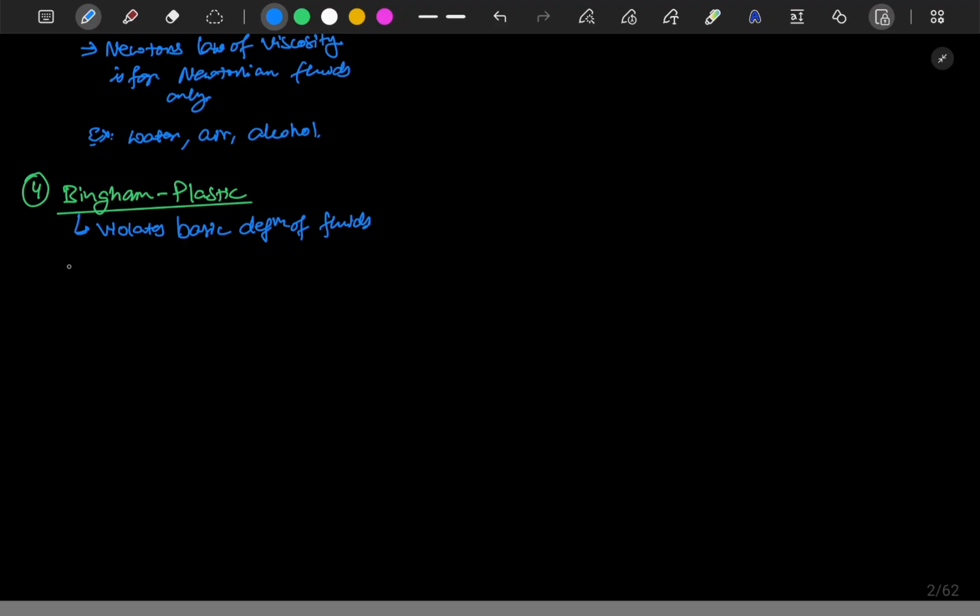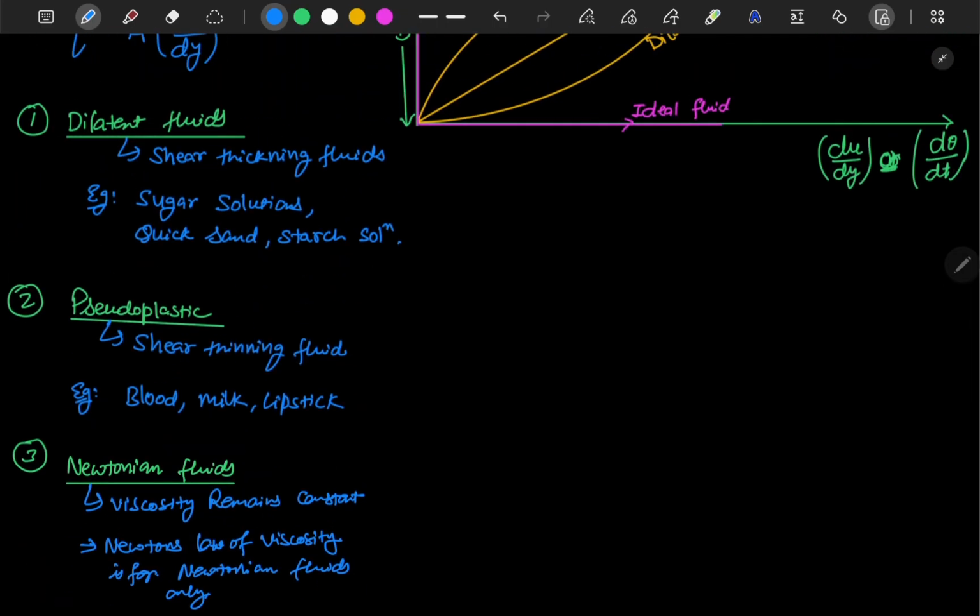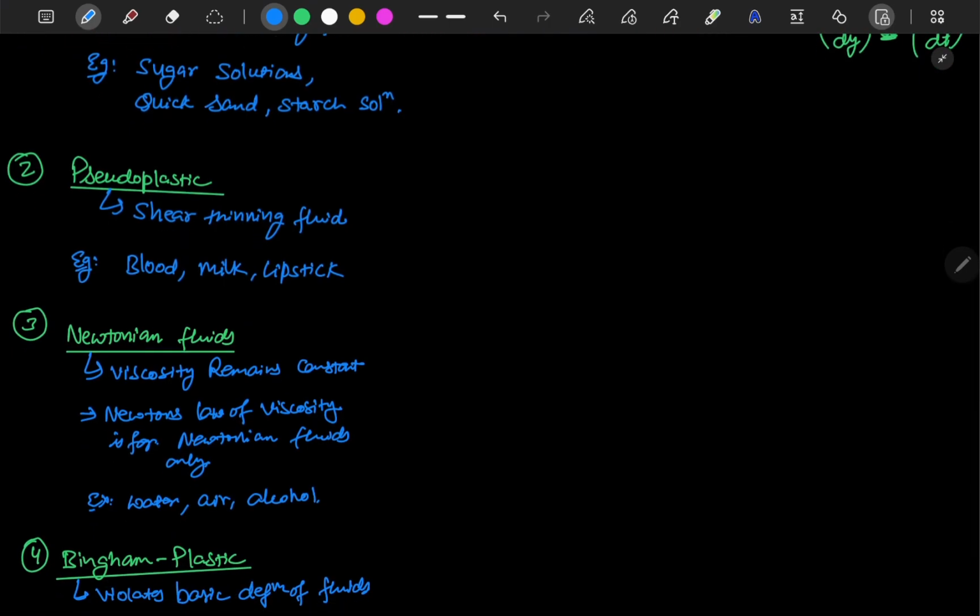Examples for Bingham plastic are your toothpaste, gels, etc.